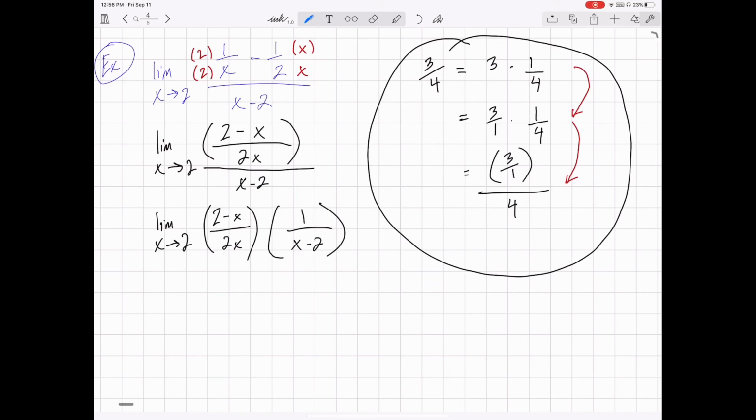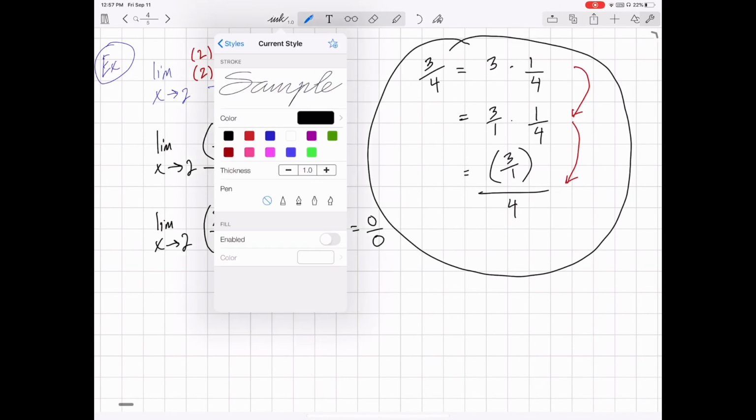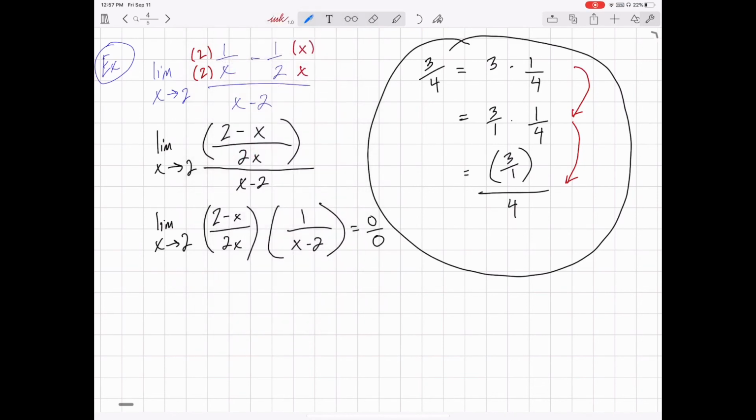So in this limit now, can we plug in the 2? Yes, but it'll now give us an indeterminate form. This will give us 0 over 0. So we've now gotten to the indeterminate form. What we can do now is look at this 2 minus x and this x minus 2.